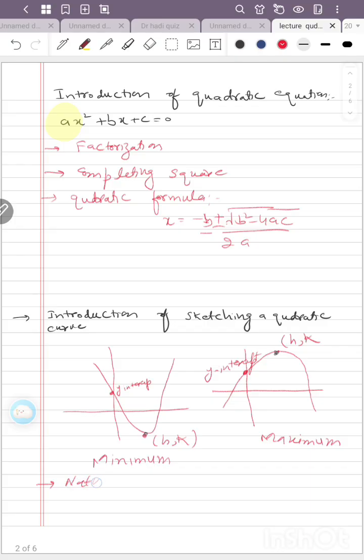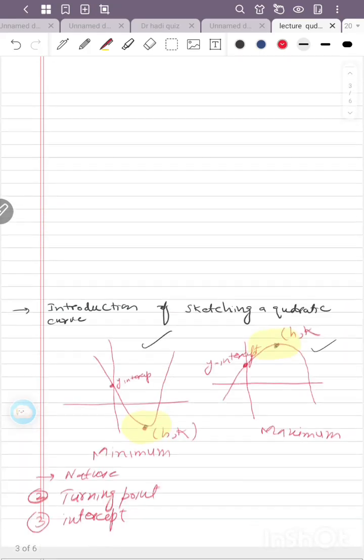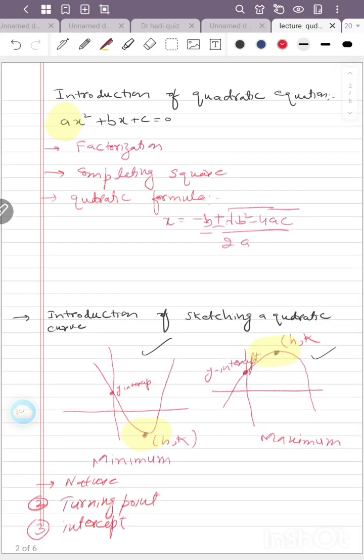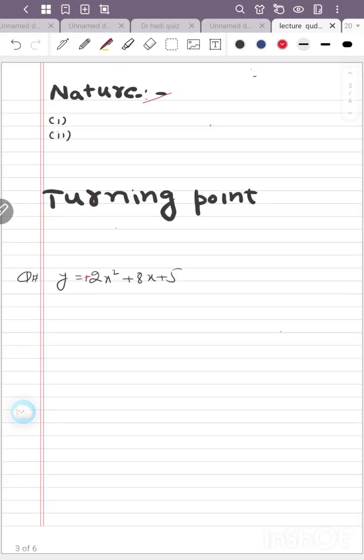Number one, its nature. Number two, its turning point. And number three, its intercept. We have already discussed which one is our maximum point and which one is our minimum point.